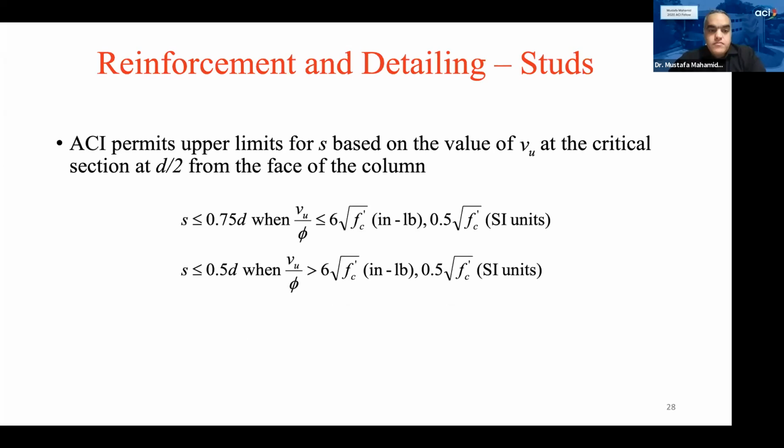Okay, ACI permits upper limits for s based on the value of Vu at the critical section at d/2.